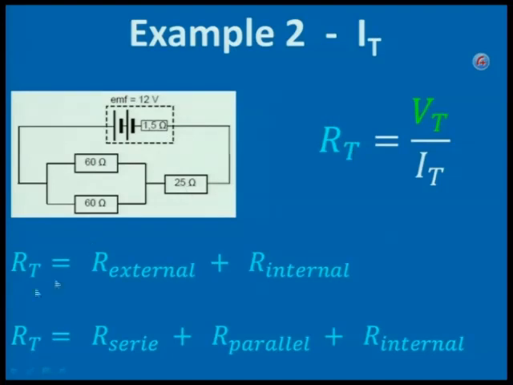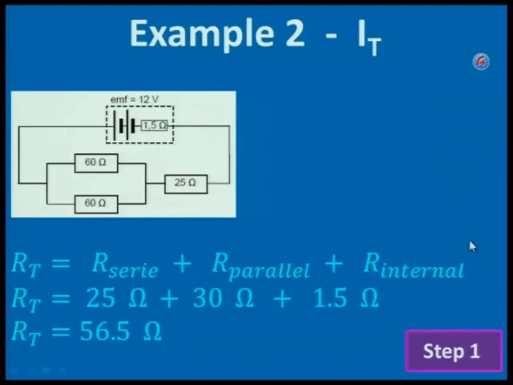So, the total resistance is the external resistance, which is these, plus the internal resistance, that little one of the battery. And the external resistance would be the resistance in series plus the resistance in parallel.